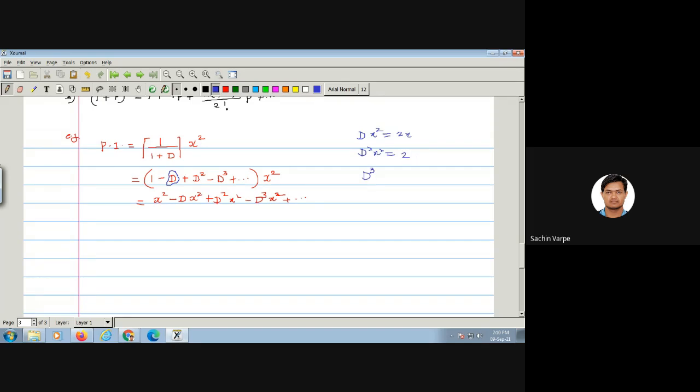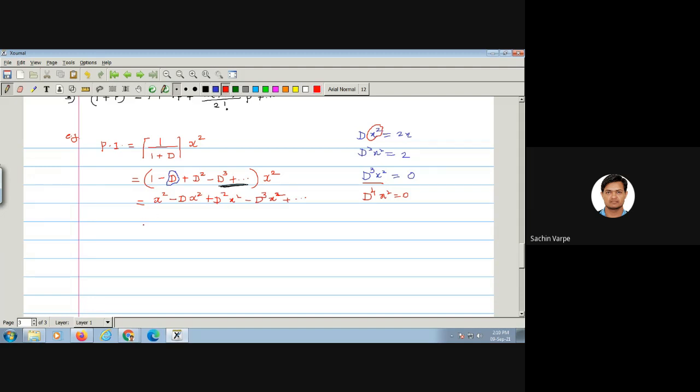D cube of x square is 0. If the polynomial is of degree 2, then its third-order derivative and all further derivatives will be 0. So we neglect those terms and directly write the non-zero terms.